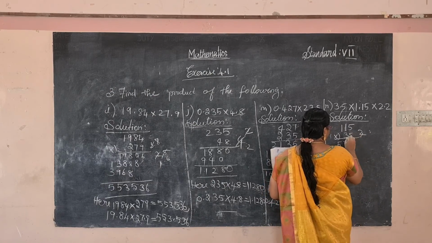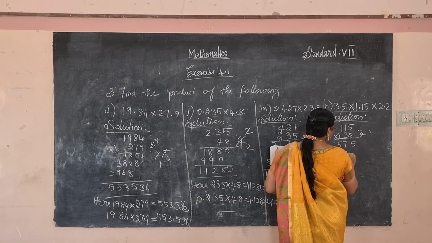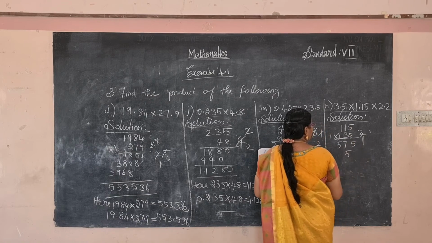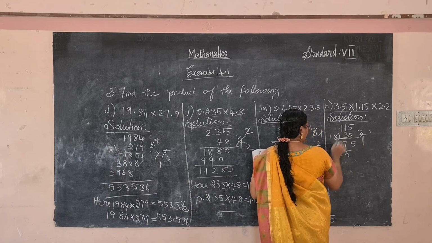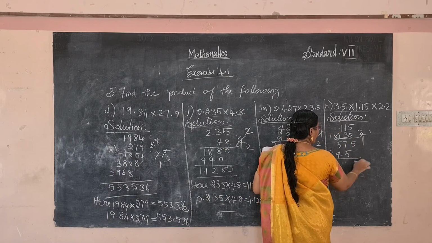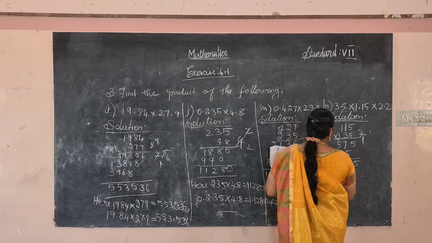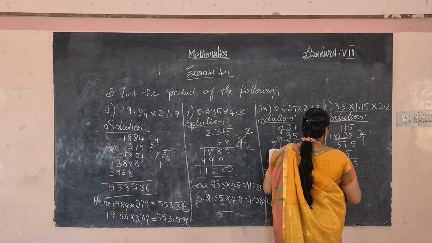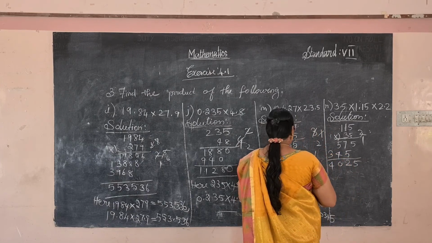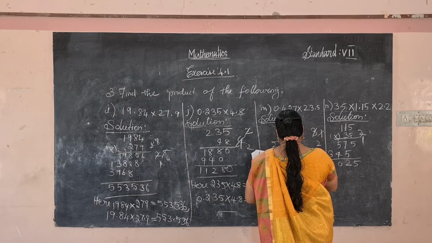And again 3 table. 3 5s are 15. 1 3 1s are 3 plus 1 is 4, 3. So 5, 12, 6 plus 4 is 10. So 4025.